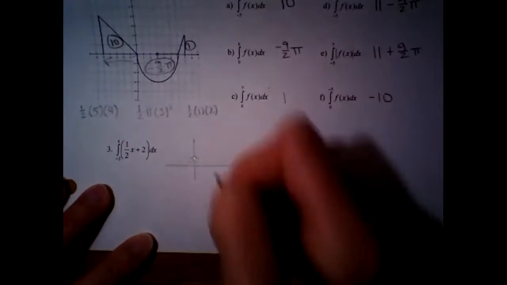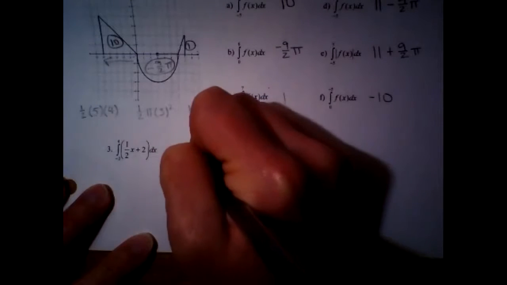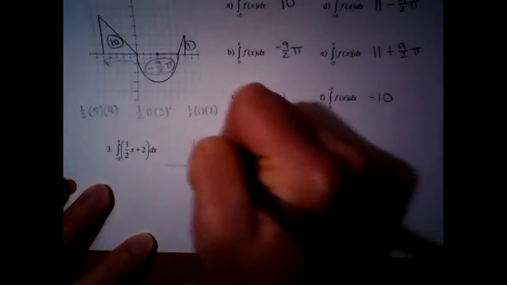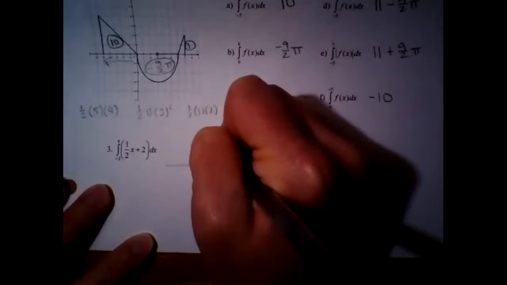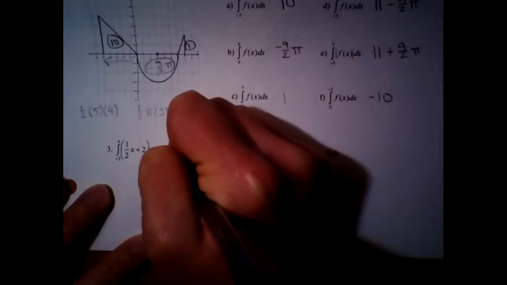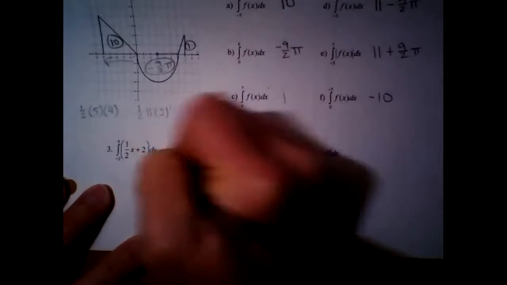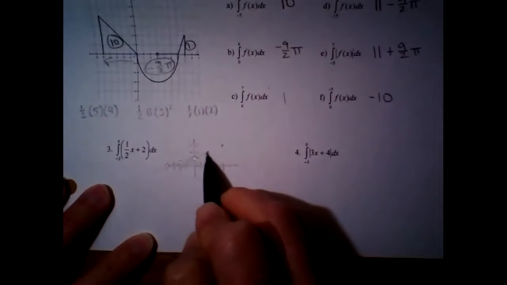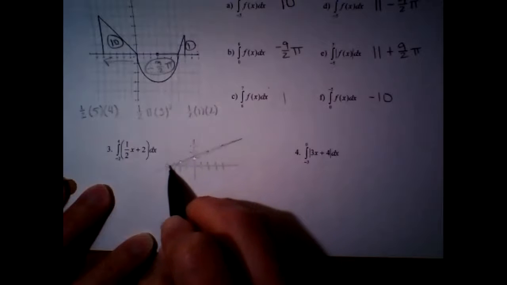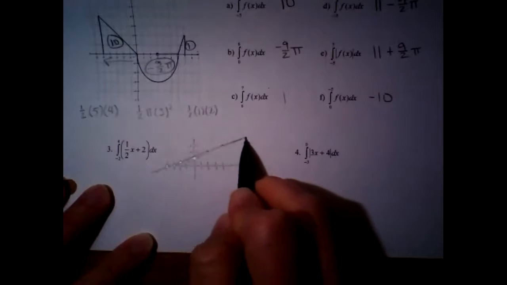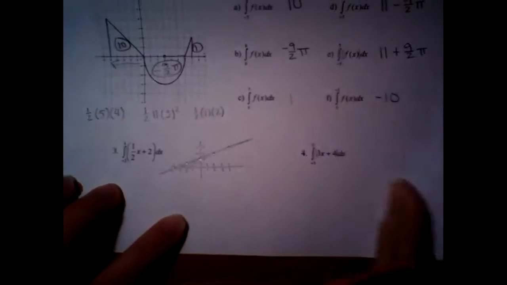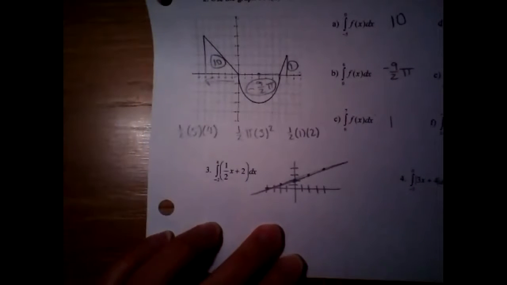And our slope is 1/2. So that means go up 1 over 2. And so it's going to do something like that. So that's that line. And we want the area under the curve from -2 to 4.